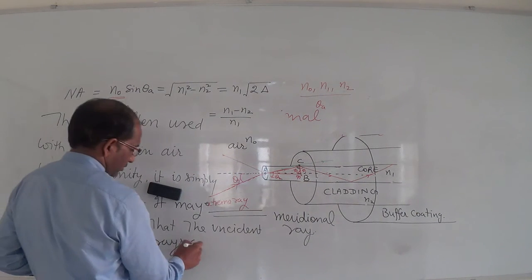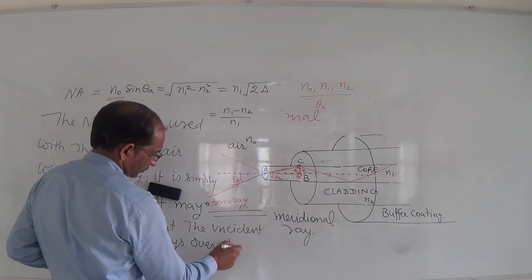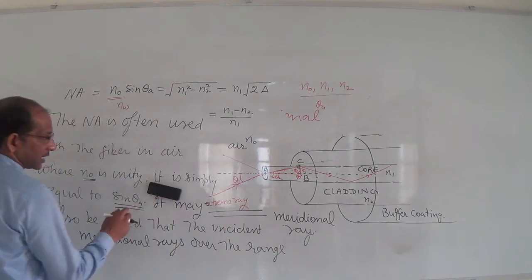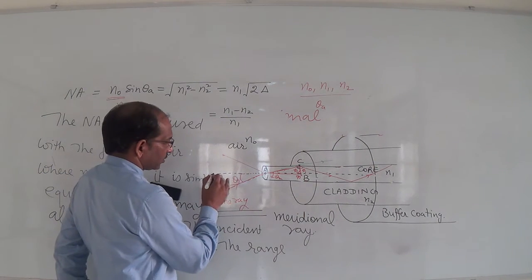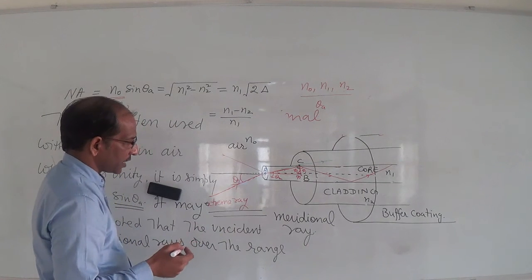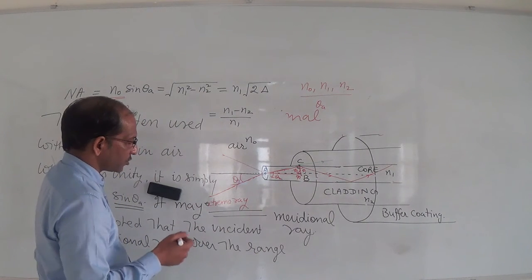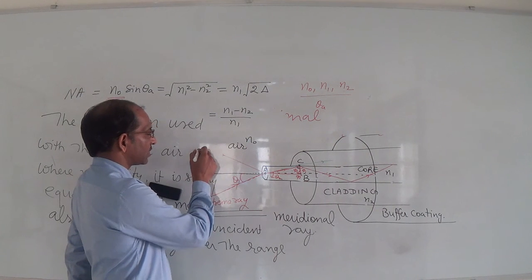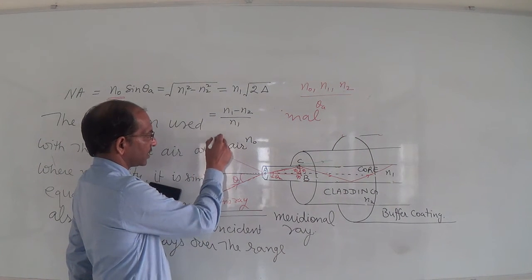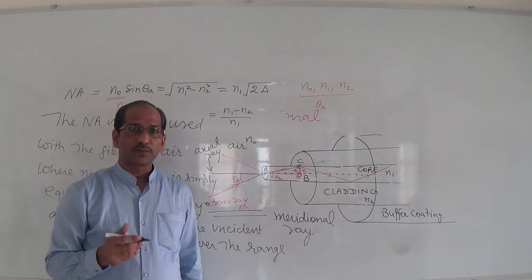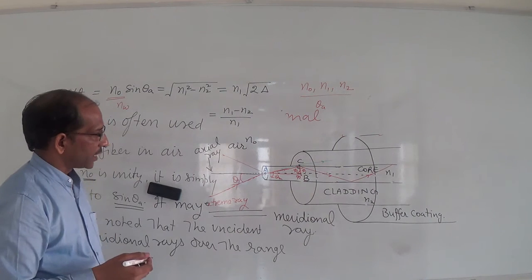Over the range, this is the axial ray. If a ray passes through the axis of the core, that is known as the axial ray. So there are two types of ray in this geometry.